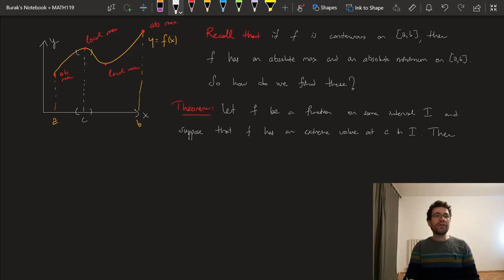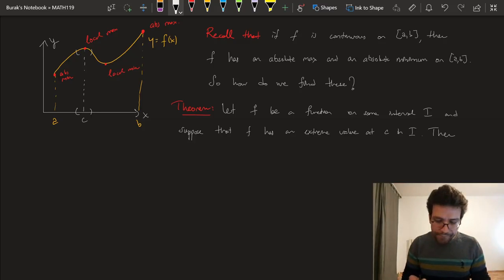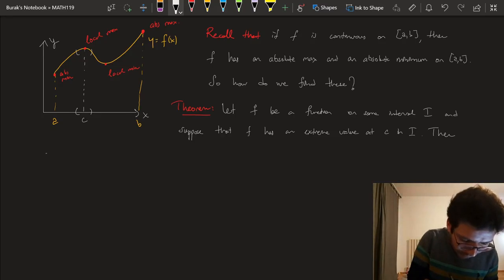I didn't specify what kind of extreme value it is. It may be a local minimum, local maximum, absolute minimum, absolute maximum. I don't care. If your function has an extreme value at a point, then there are three cases, okay, that can happen.